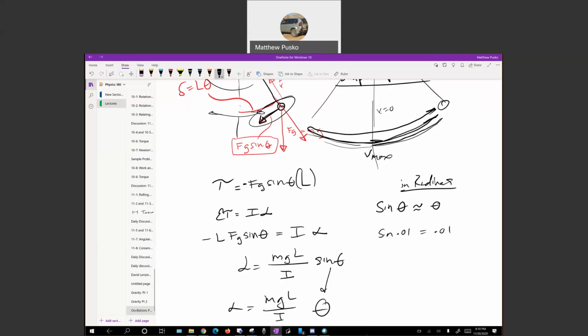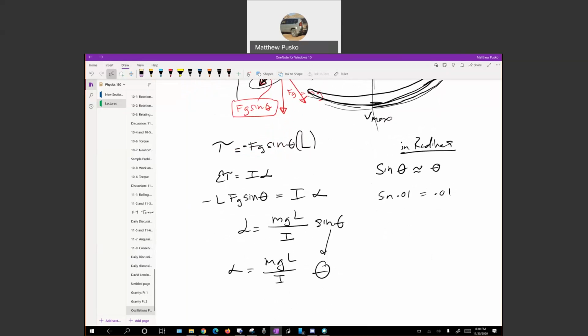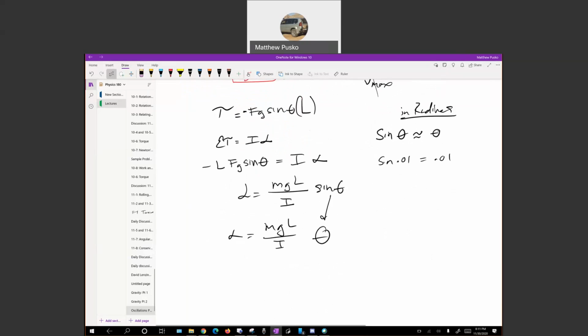This has the same form as simple harmonic motion, and we can immediately identify the pendulum's angular frequency. The angular frequency would be equal to the square root of the stuff in front of the displacement. This is the displacement.